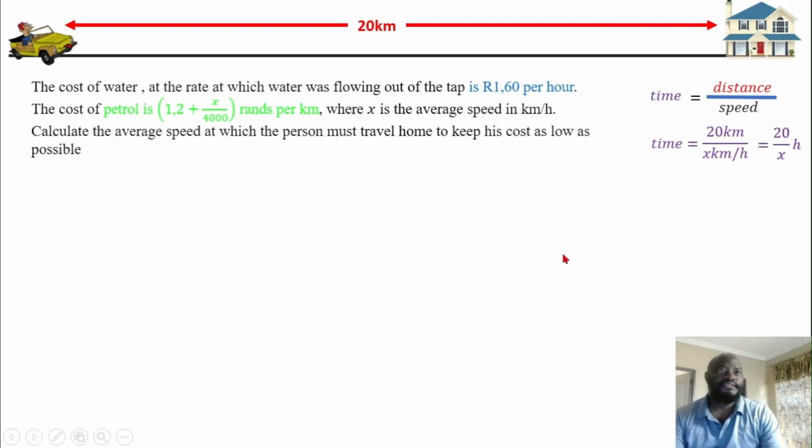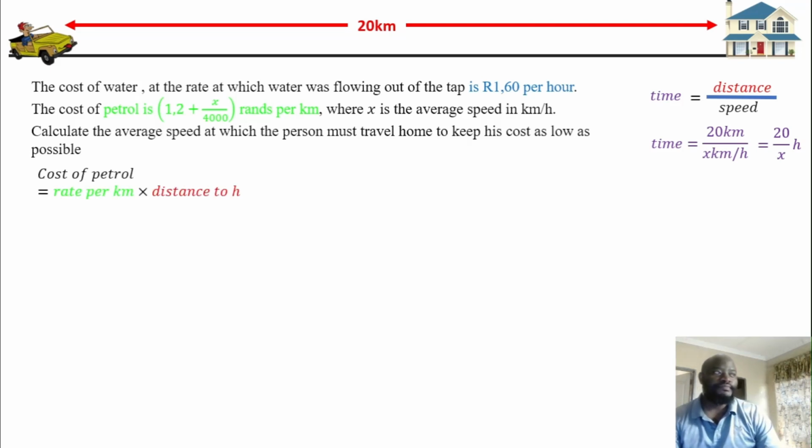Let's see the cost that is going to be in rands. We need to have a formula that is only talking about rands or money that is going to cost him. So we need a function talking about money in terms of x. So the cost of petrol, since the rate that we were given is rands per kilometer, we're going to take that rate and multiply it by the distance.